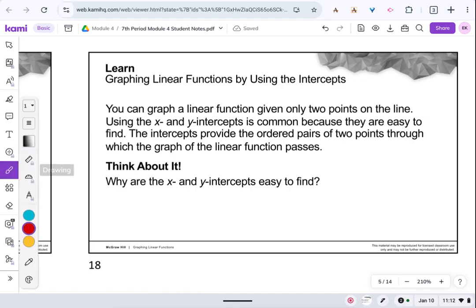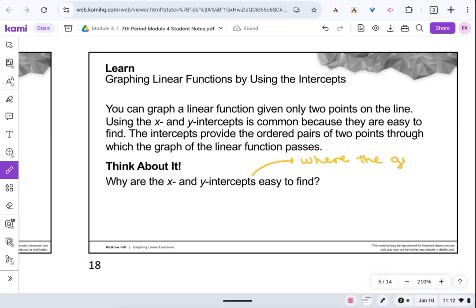So in module 3, we talked about x and y intercepts. Okay, what these are, I'm just going to write a little note off to the side here. This is where the graph crosses the x and y axis.